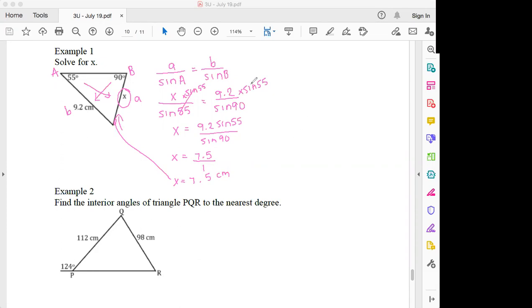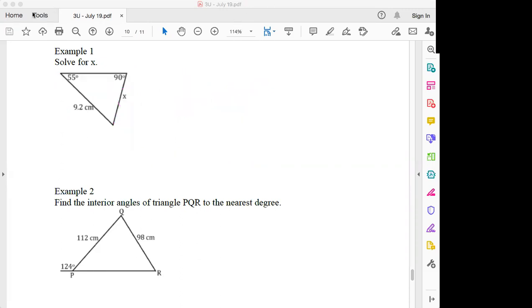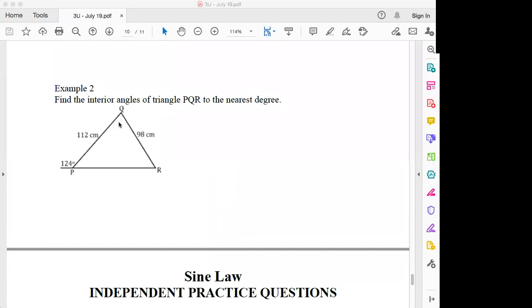Okay, we're going to look at example 2, and that is actually our last example. So I'm clearing this. Find the interior angles of the triangle to the nearest degree. Here we don't have a single angle, so you're probably sitting there like, well, miss, I thought I needed at least one angle. How can I do this?